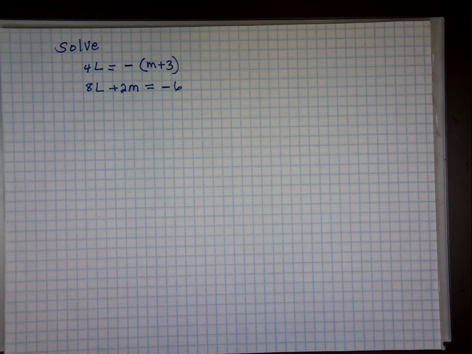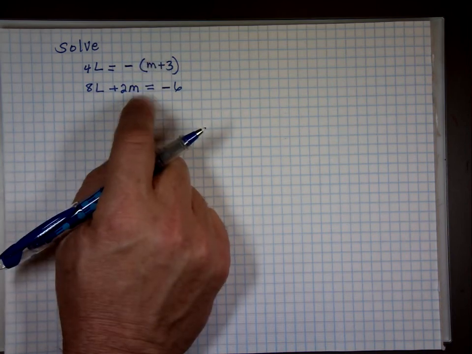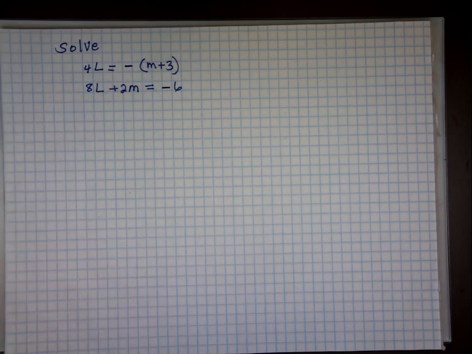And you have an option which method to use here. Graphing wouldn't be my choice. And I'm really torn 50-50. I'm saying to myself, I could clean this and use the elimination method, or I could solve for L quickly and use the substitution method. The only reason I'm leaning toward the elimination method is because I don't want to deal with the fraction.